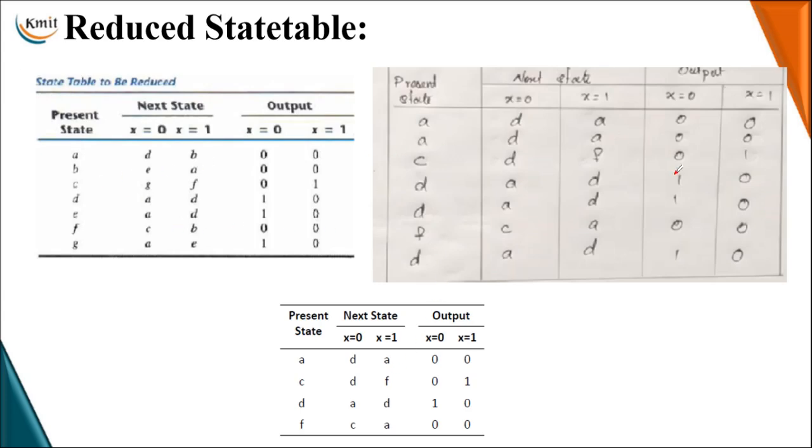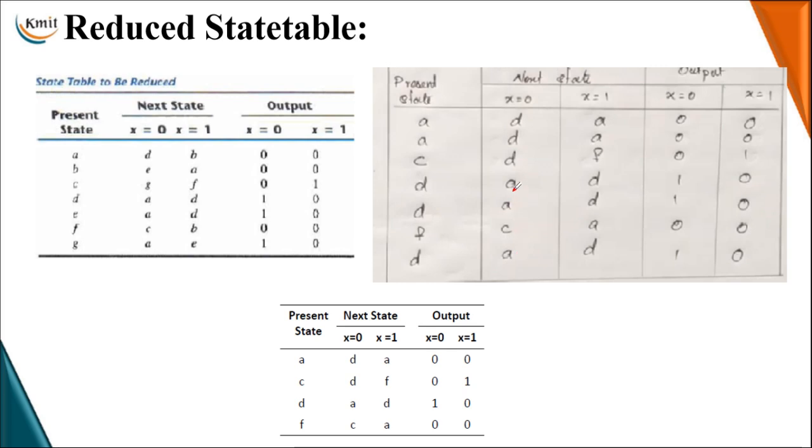Now upon writing all the values, let me check here. B is replaced with A, C is written as it is, D is written as it is, E is replaced with D, F is unique, so F is not replaced, and G is replaced with D. Now verify all the D states.